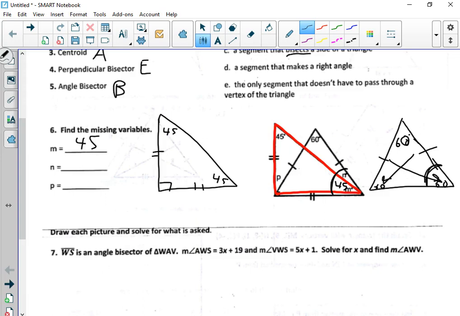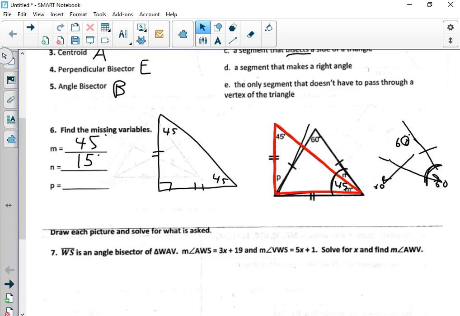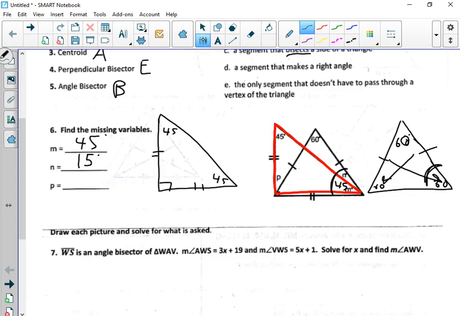Now, the red part is 45. The whole angle is 60. So what does that leave? 60 minus 45, which is 15 degrees. And now P. Again, if we move this over, well, that works too. Over here, we know that this is 60 degrees.